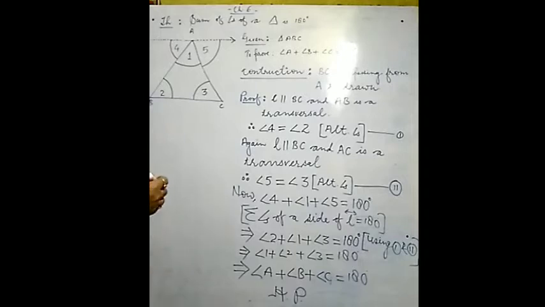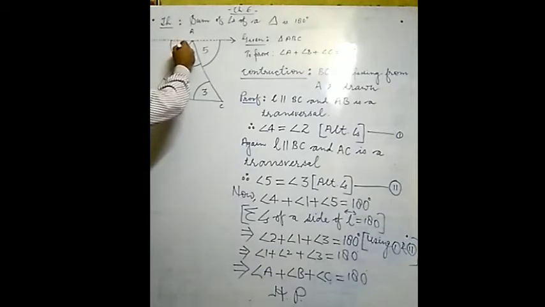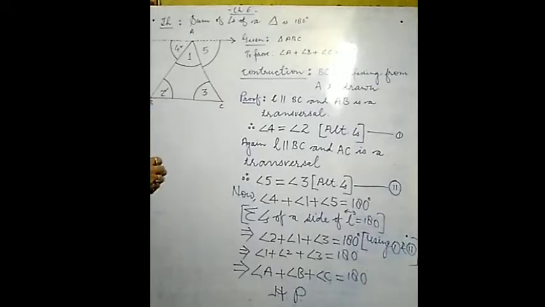Now you may observe this one is angle 2, this one is angle 4, L is parallel to BC, so this one is the transversal. There is a relation between angle 4 and angle 2. Both angles 2 and 4 are equal. What is the reason? They are alternate angles, a pair of alternate angles.